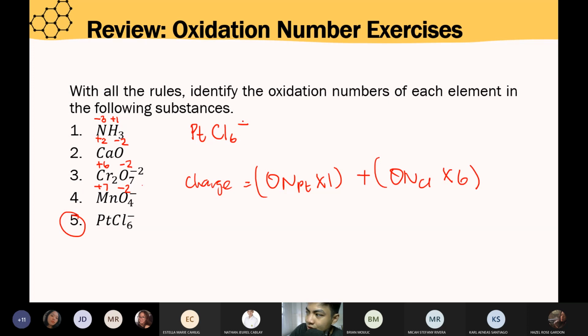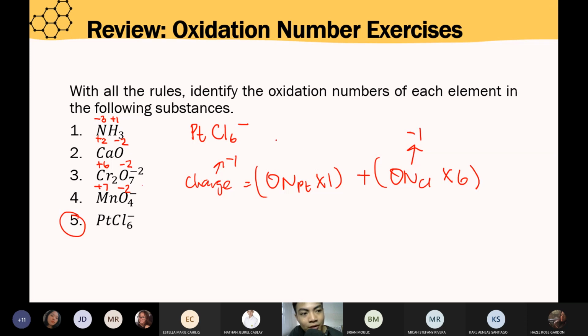Okay, so the charge of the molecule is negative, and so -1 yan. Of the two elements, sino may sinabi? Yung chloride. Okay, because chloride is a group 7 element. Okay, so fluorine, chlorine, bromine, iodine, ayan. So group 7 yan.